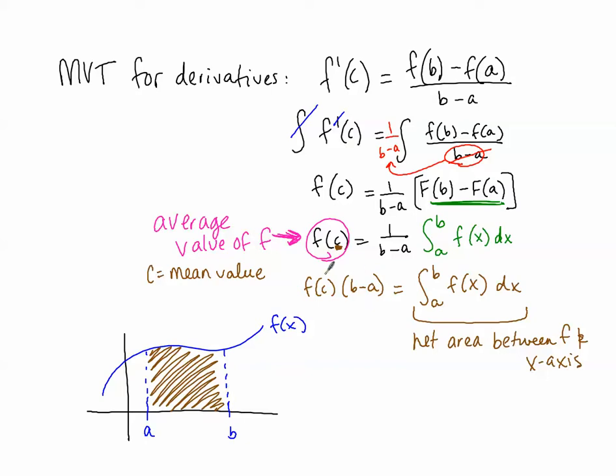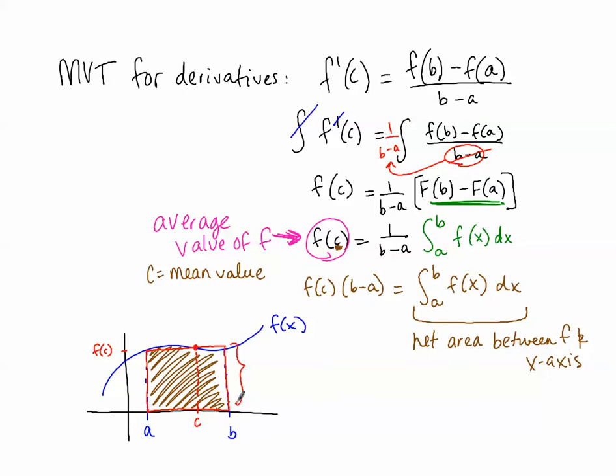And this part right here is saying that there is a function value, so that if I were to draw a line at that function value, and again, that function value corresponds to some c value, that could be the height of a rectangle that is the exact area of the shaded region.